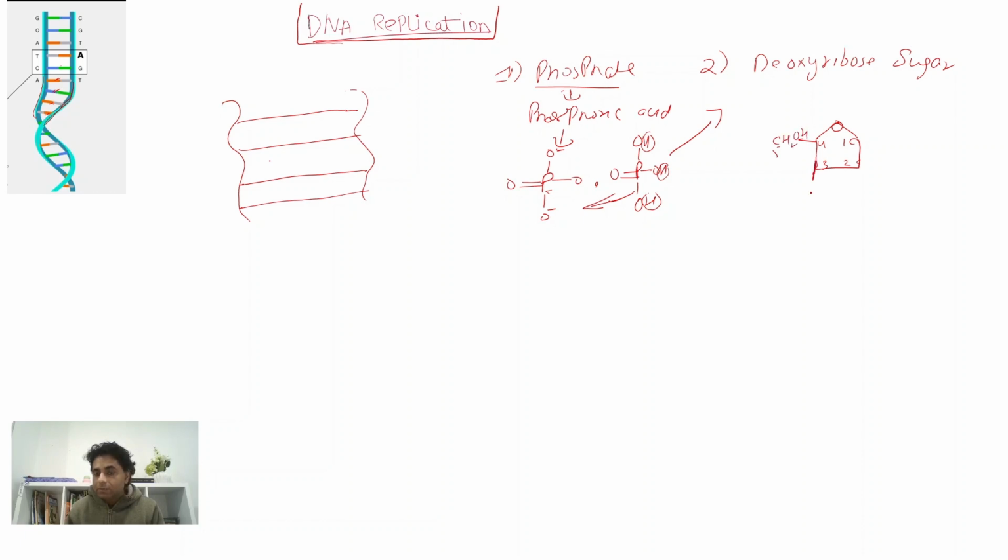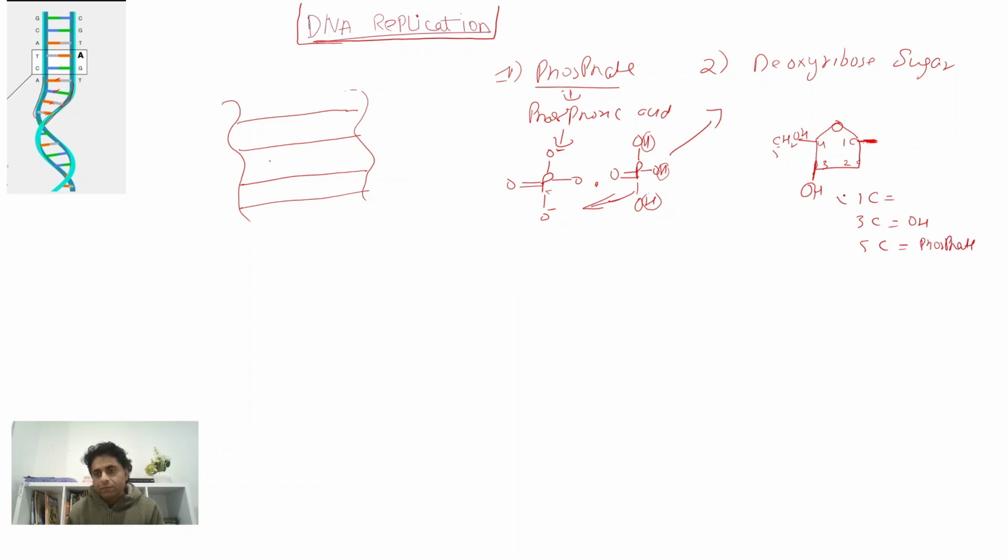The third carbon is very important. It has the hydroxyl group attached to it, which is the OH group. The first carbon is also very important, which connects the pentose sugar with the nitrogenous bases. So the third carbon has the hydroxyl group, and the fifth carbon is the connection point which makes a phosphodiester bond with the phosphate group.